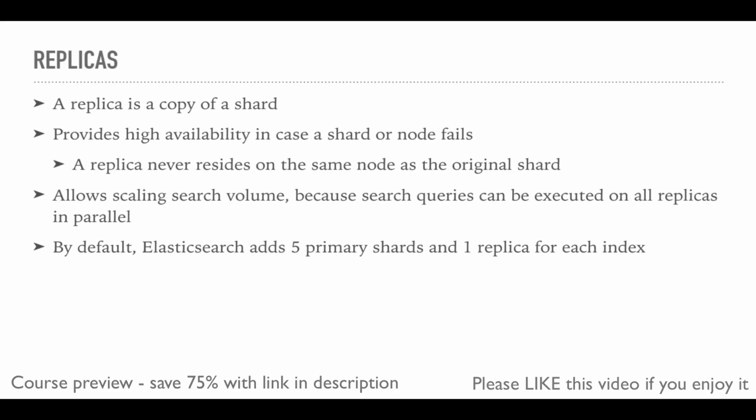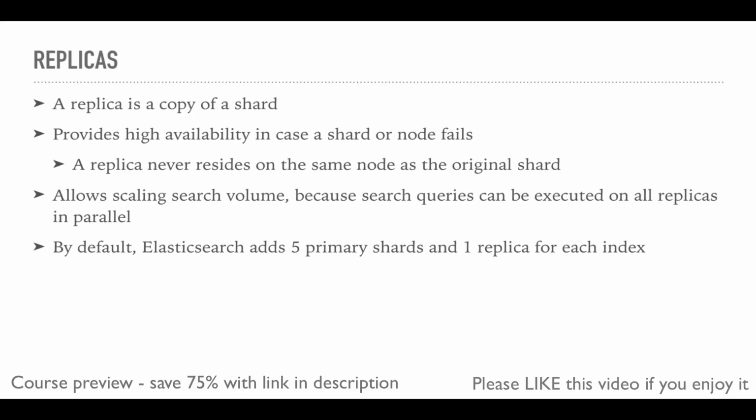While shards improve the scalability and the content volume for indexes, replicas ensure high availability. A replica is a copy of a shard, which can take over in case a shard or a node fails. A replica never resides on the same node as the original shard, meaning that if a given node fails, the replica will be available on another node.